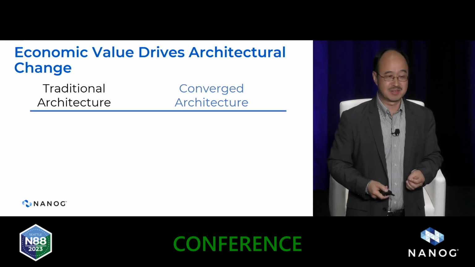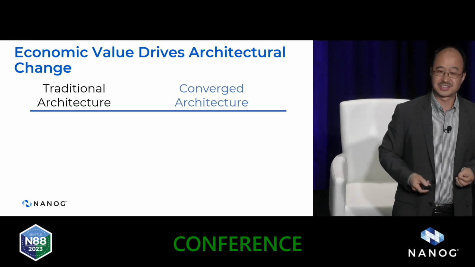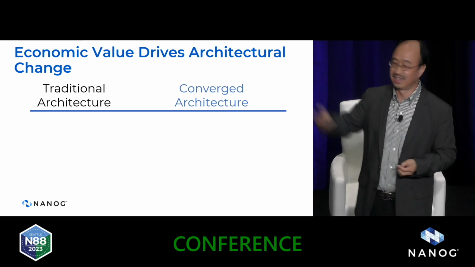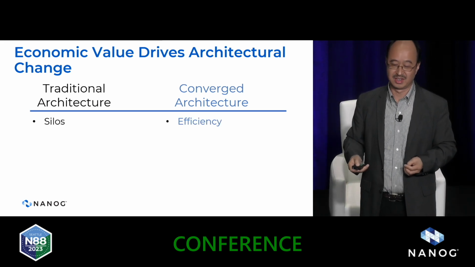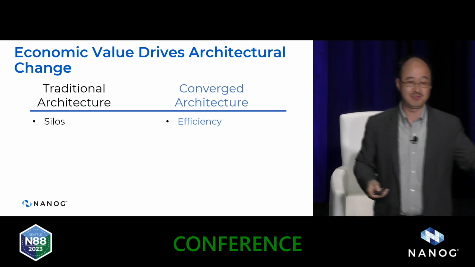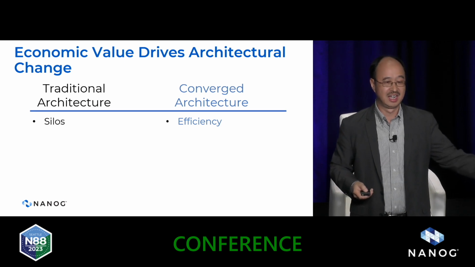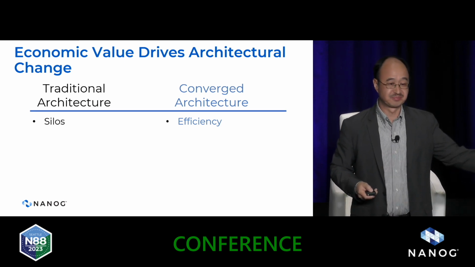Let's compare and contrast the traditional architecture and the converged architecture. Traditional architectures were built purposely, again, with different layers and clear demarcations between layers. They were done for a reason.